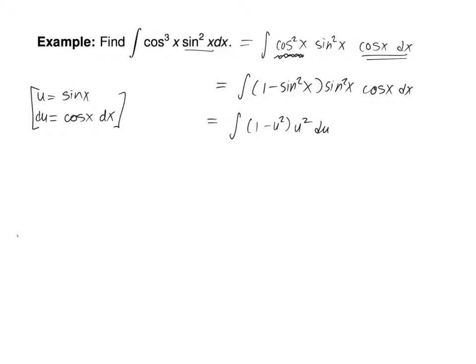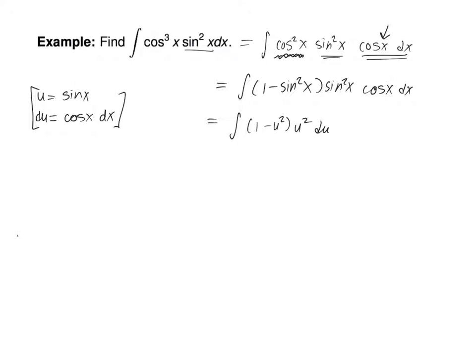I just wanted to ask why we chose the cosine to turn into the weird thing. Because if we changed the sine, then our substitution would have had to be cosine. And if you let u be cosine, du is sine, right? That's not what we have. Does that make sense? Just trying to make it clear there.